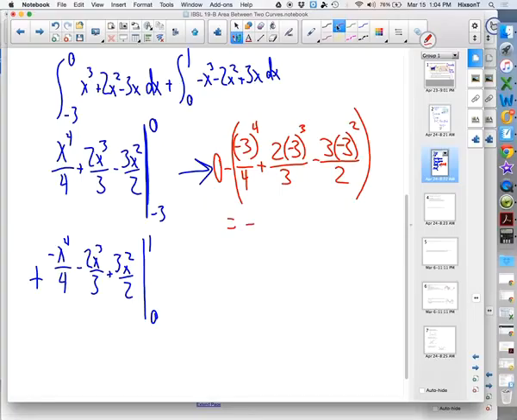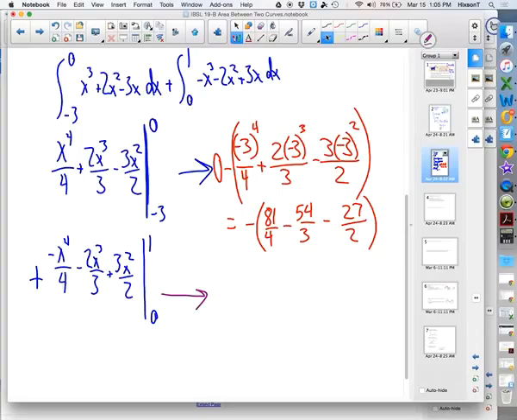So this is a negative 81 over 4 minus, because that's a negative 27, so that's a negative 54 over 3. And then that's a positive 9, so minus 27 over 2. Okay? I've got to add that to this, evaluated from 0 to 1.